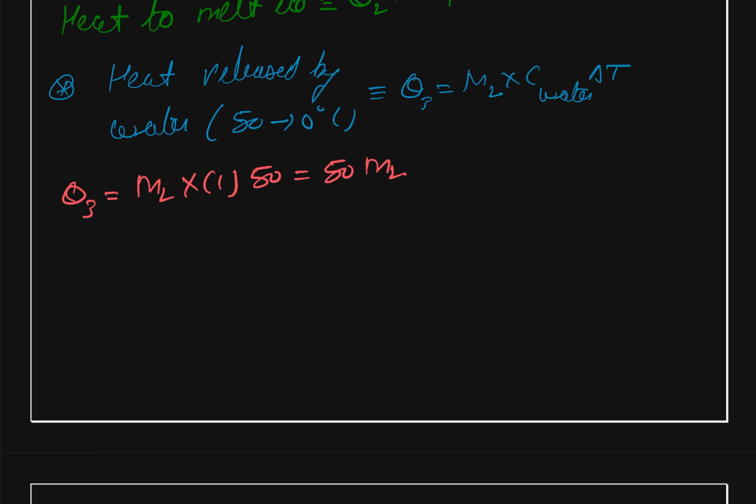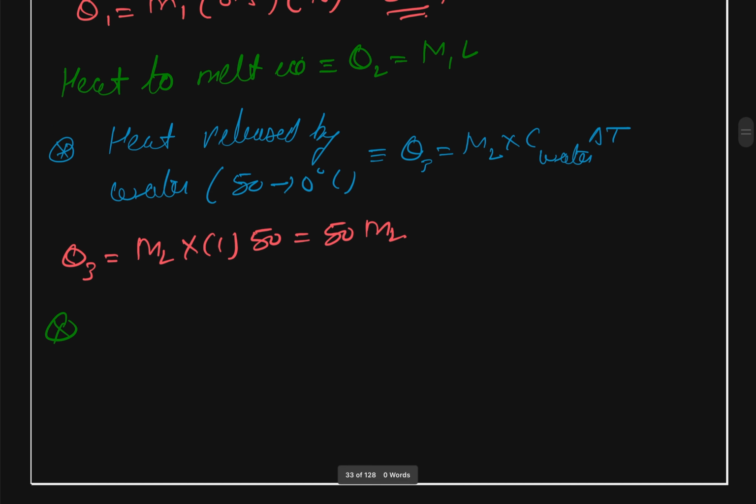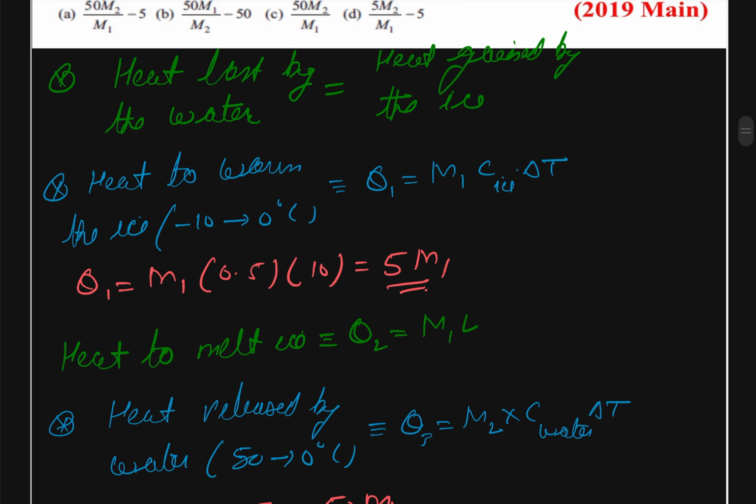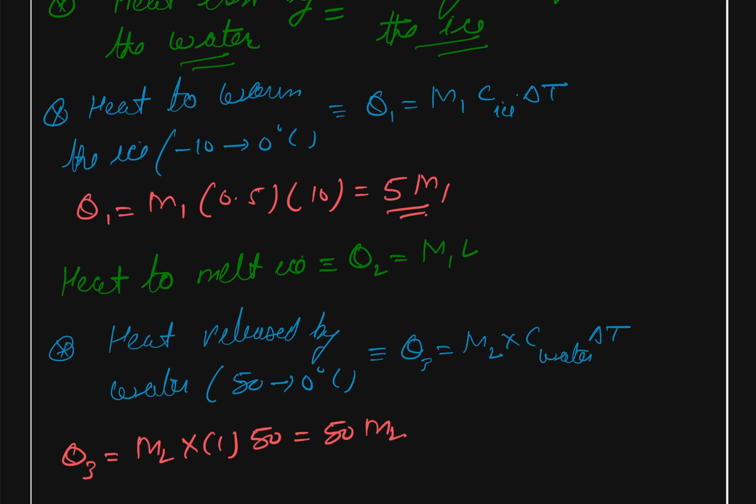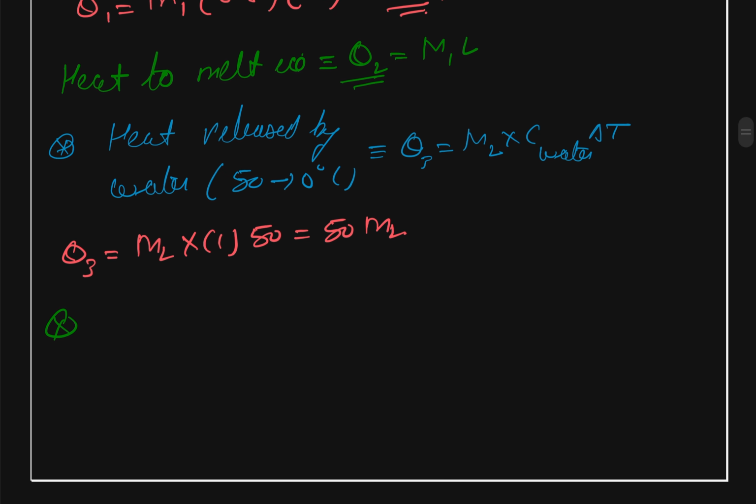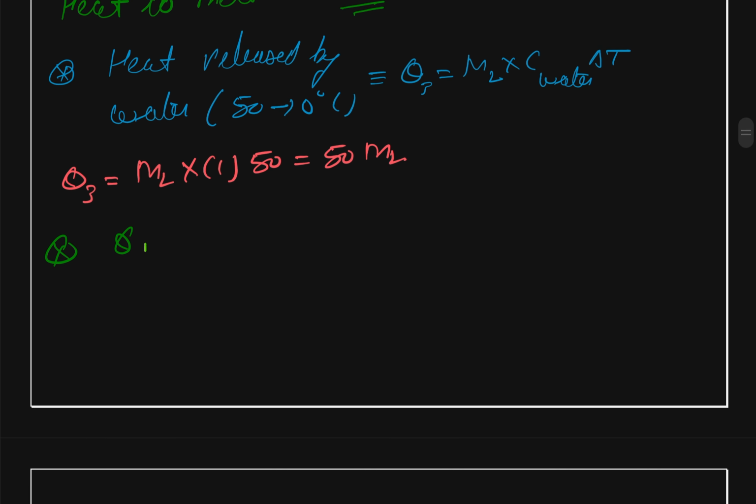So we simply substitute it in our heat lost by the water is equal to heat gained by the ice. But the heat gained by the ice is a two-step process. First is the warming of the ice, that is Q1, and then is the melt of the ice, that is our Q2. Therefore, we can say that our Q1 plus Q2 is equal to Q3. So we substitute the value, we get this as 5m1 plus m1 times L is equal to 50 times m2.